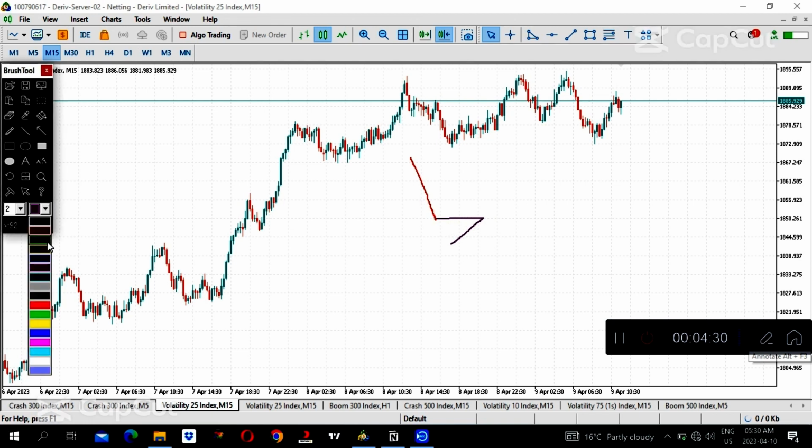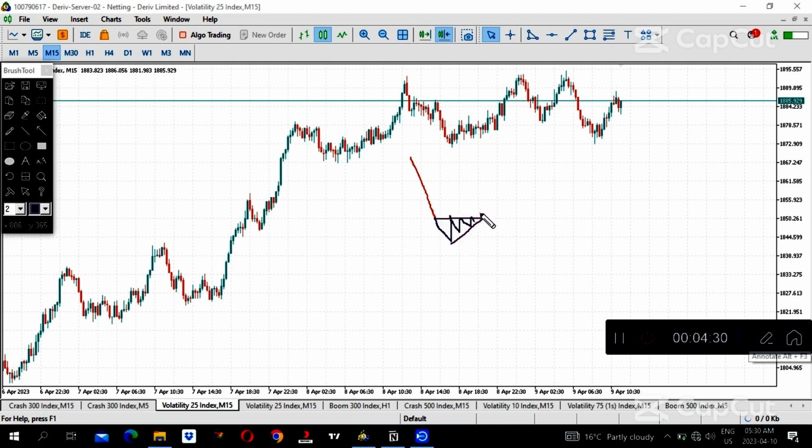Symmetrical triangle, I think you all get the general idea that we are pointing horizontally. So for consolidation over here, we continue going down, just like this. So this is what we call a triangle. This is the descending triangle, because we're in a downtrend.